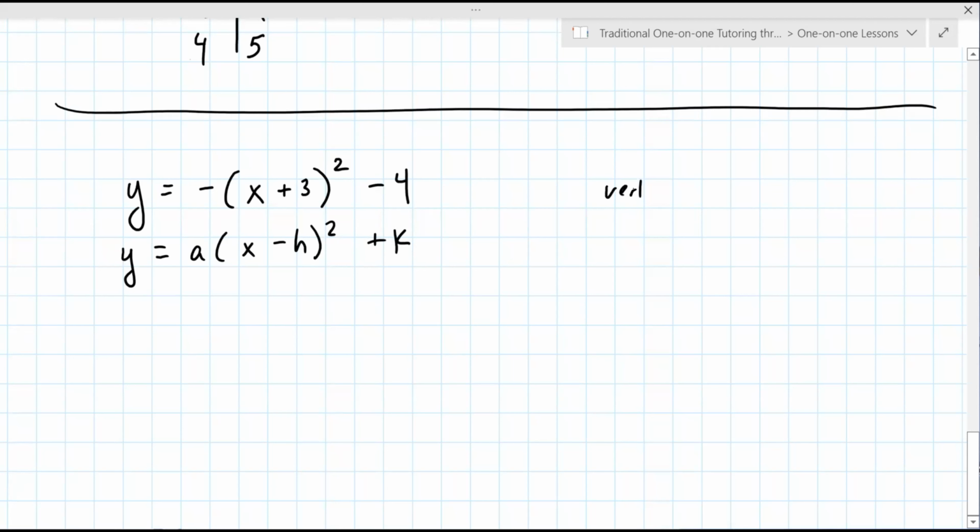So the vertex is h comma k. And k is usually the one you can just grab right away. It's minus 4. H depends on this. And maybe this helps: do the signs match? If they match, you just grab the number. If they don't match, you have to use the opposite of the number. So it would be at minus 3, minus 4.